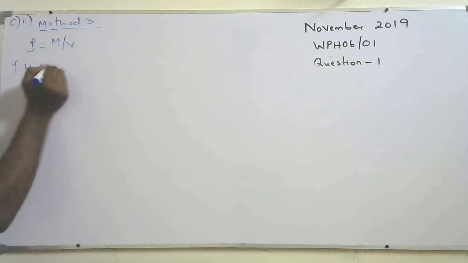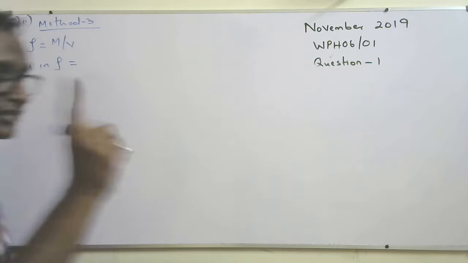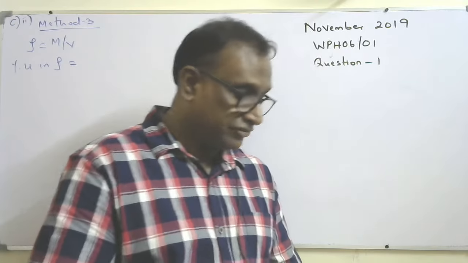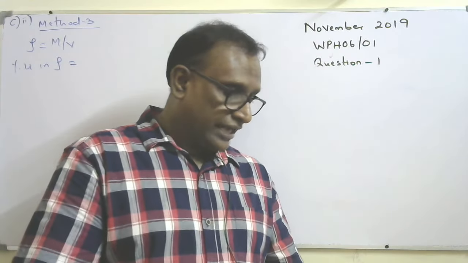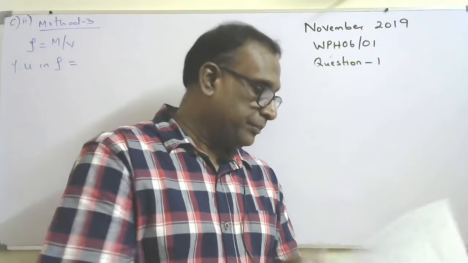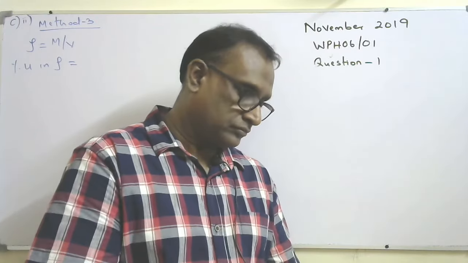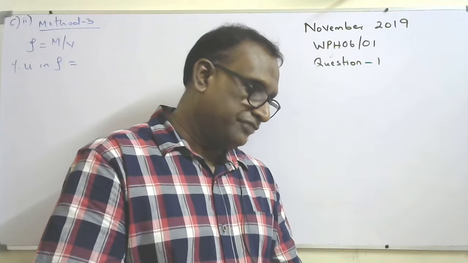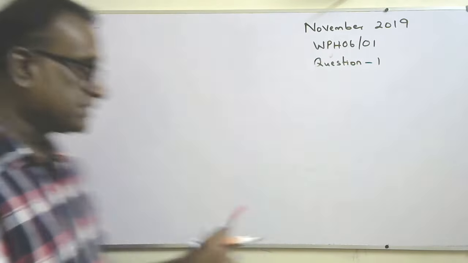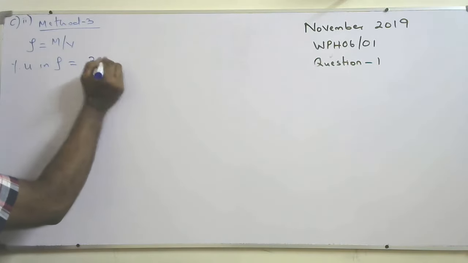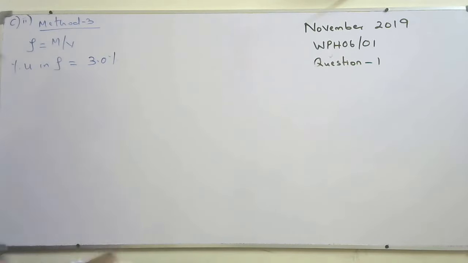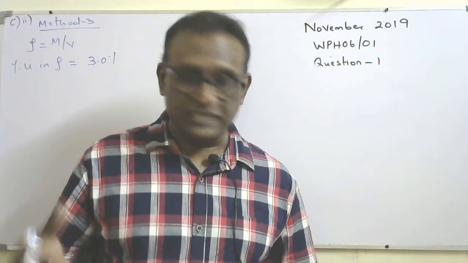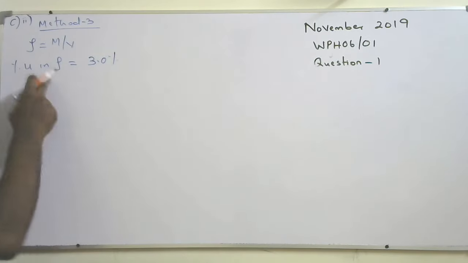I found the percentage uncertainty in density in my first method for this question, so I am not doing it again. I found it as 3.0%. If you are doing the third method, you should find it as I mentioned in my first method. Find the percentage uncertainty in density.